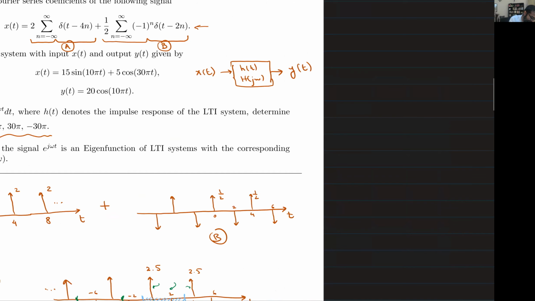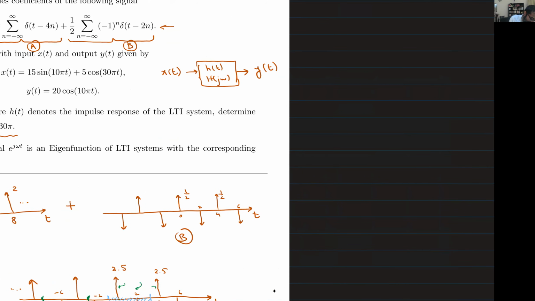Right. So x of t, I just apply the Euler's identity here. So this is 15 by 2j e raised to power j 10 pi t minus 15 by 2j e raised to power minus j 10 pi t plus 5 by 2 e raised to power j 30 pi t minus 5 by 2 e raised to power minus j 30 pi t.